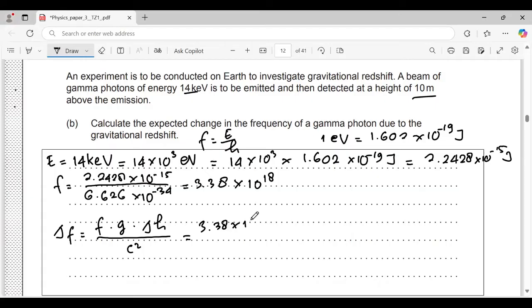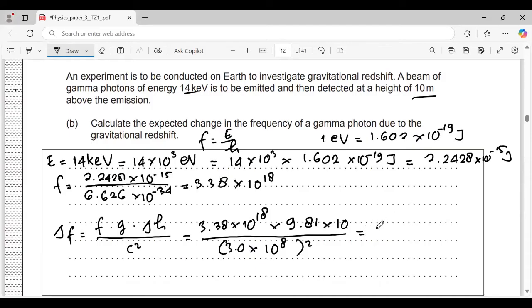So 3.38 times 10 to the power 18 times 9.81 times 10, over 3.0 times 10 to the power 8, light speed, squared.